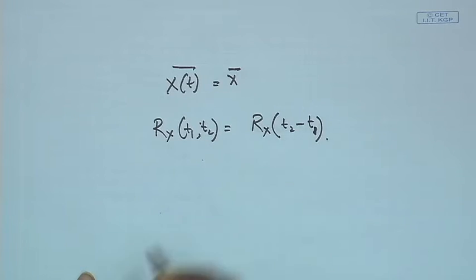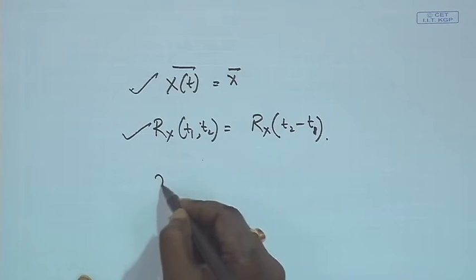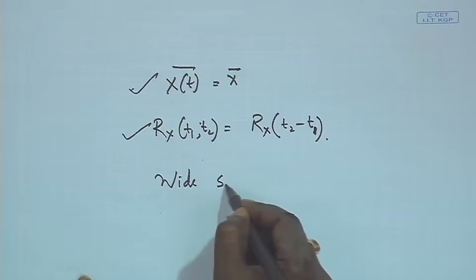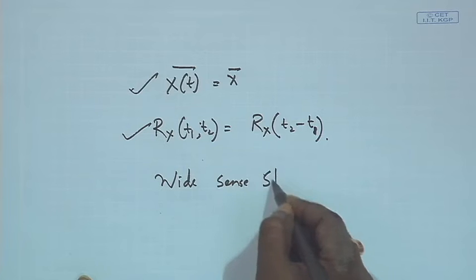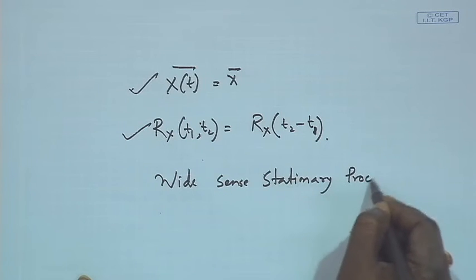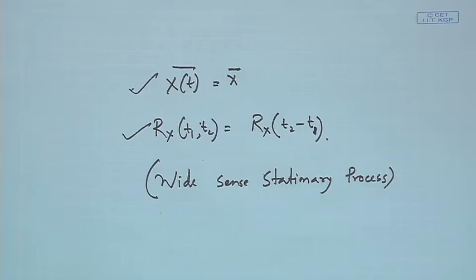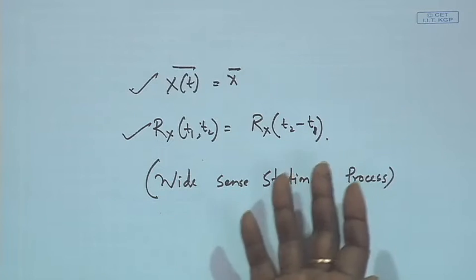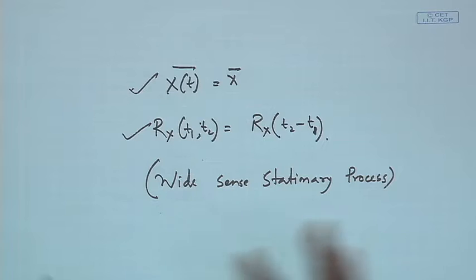If this happens, then in the first order and second order they are stationary. All other higher orders we do not test, we just say it is a wide sense stationary process. Of course, it is a weaker condition, or we generally say weak stationary process.